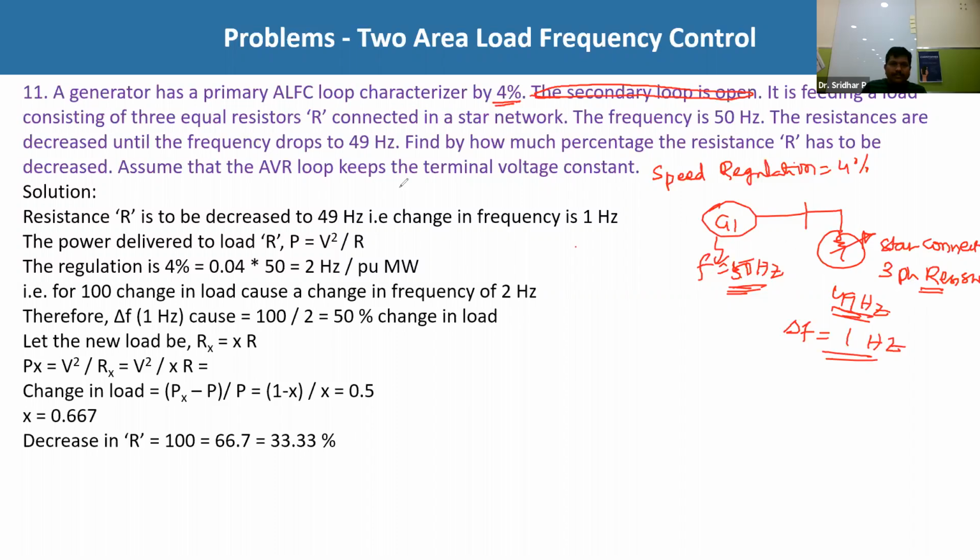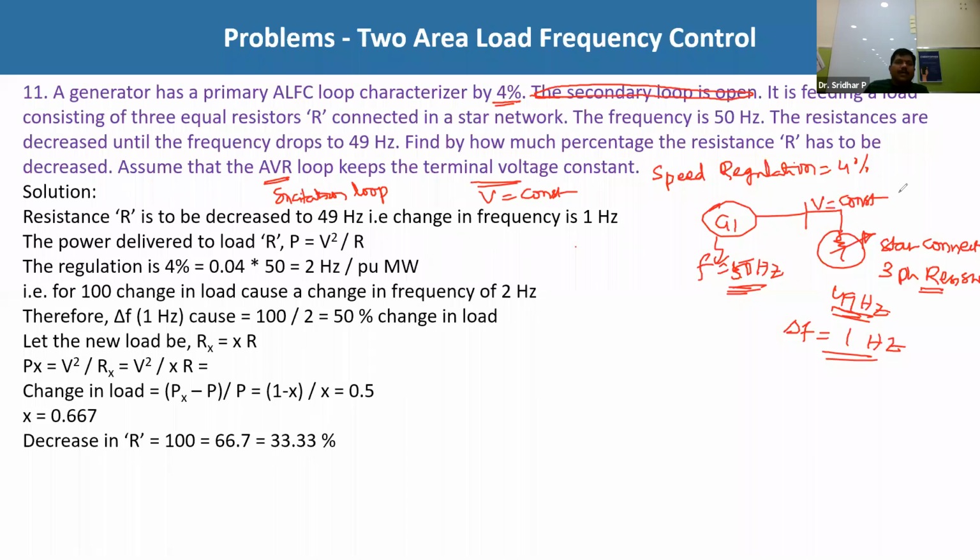Assume that the AVR loop, the automatic voltage regulator or excitation loop, keeps the terminal voltage constant. So indirectly he has given that the terminal voltage is a constant value.